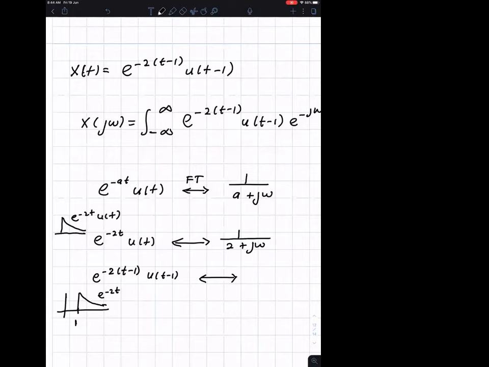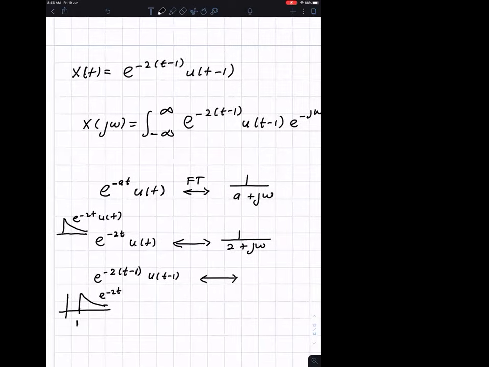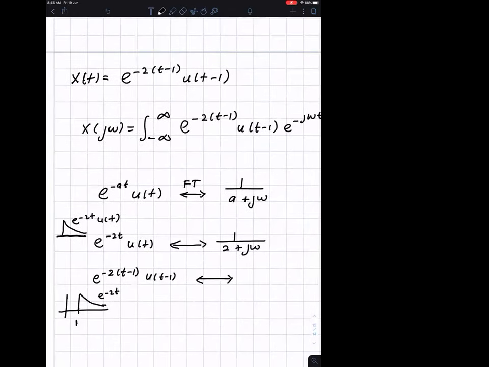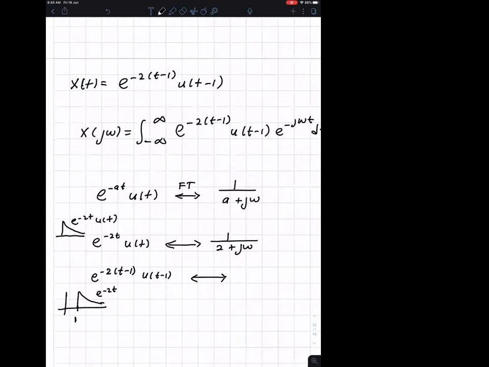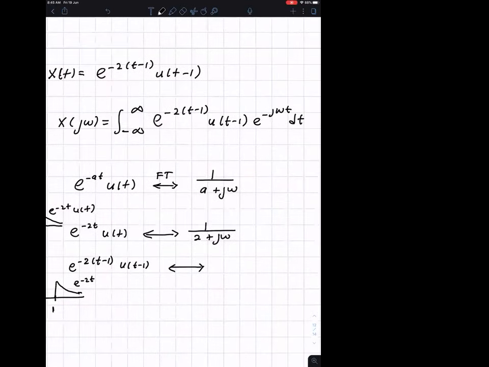A time shift in the time domain is e to the minus j omega over 2 plus j omega.